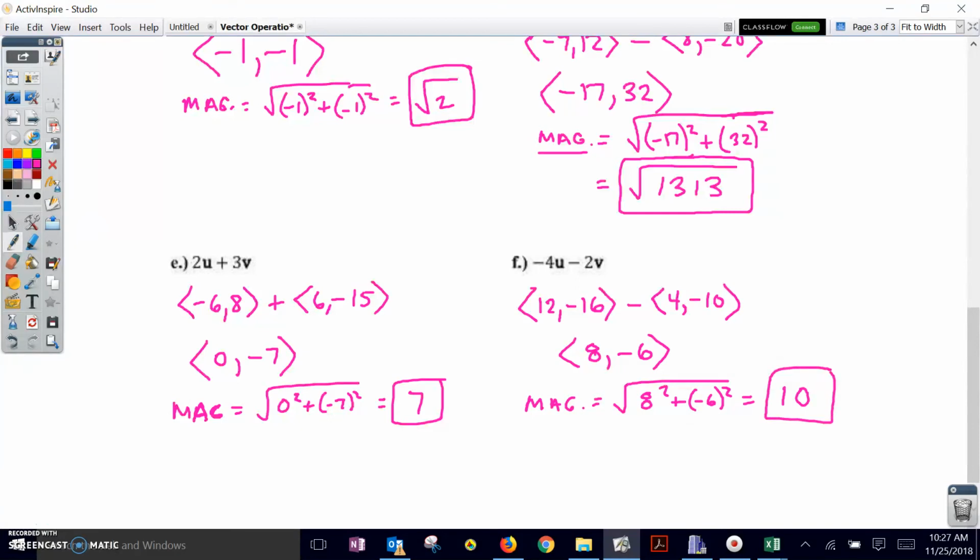And so that's how we can use various operations with vectors to combine them into other vectors, and how we can find the magnitudes of those vectors.